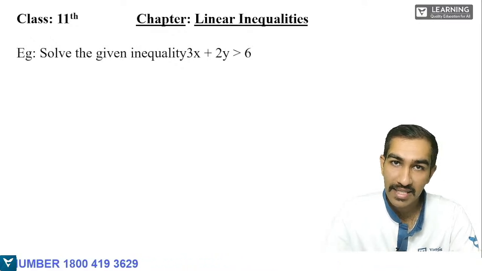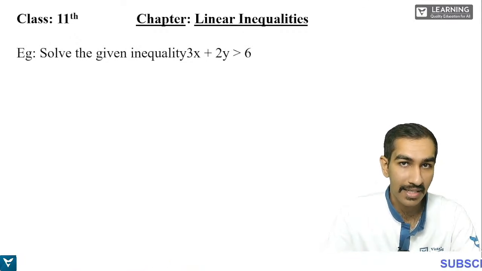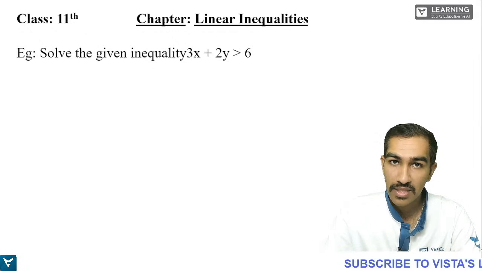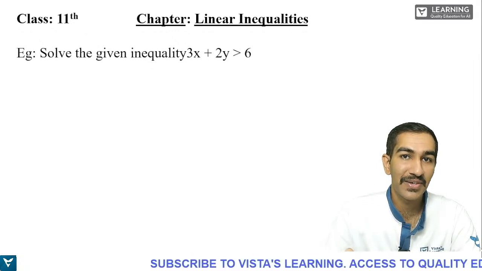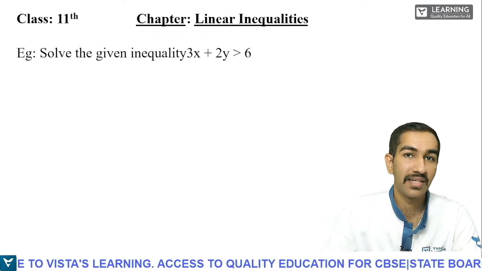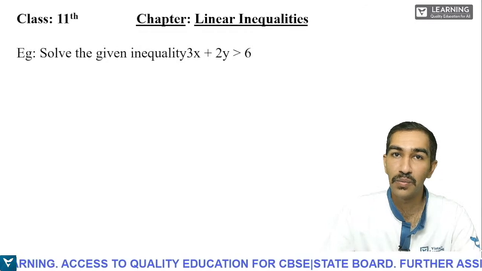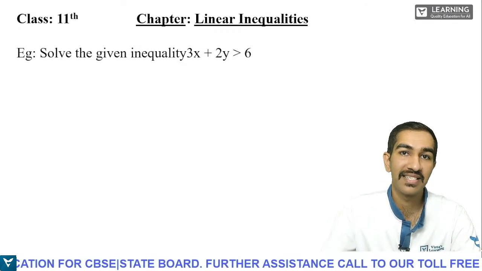Why are we calling it an inequality? Because 3x plus 2y is greater than 6. If it were equal to 6, it would be called an equation. The equal to symbol is not there, we have the greater than symbol, so it is an inequality. Linear inequality in how many variables? x and y, two variables.